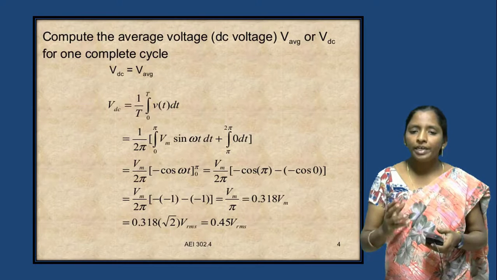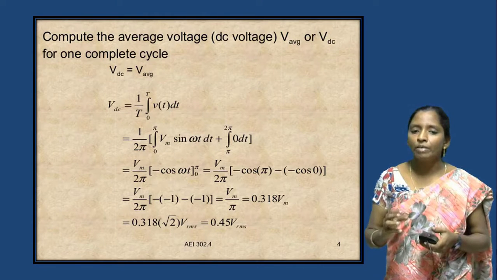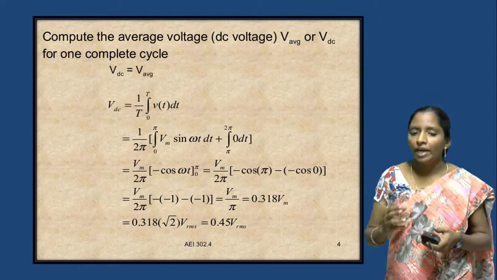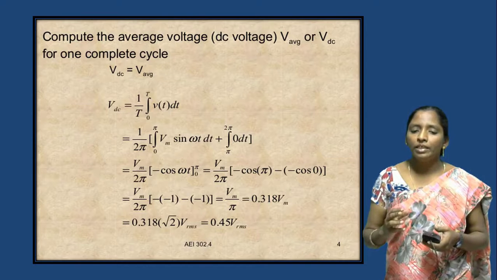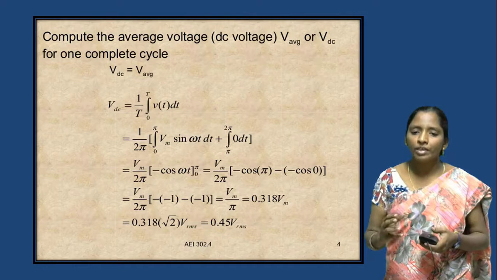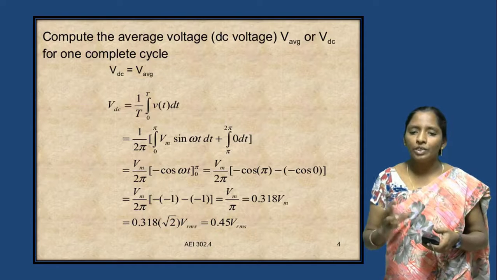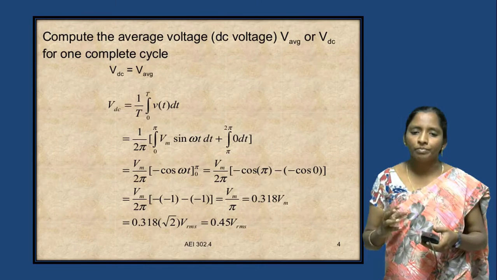The integration of sin omega t is minus cos omega t. Here we can write omega t as theta. Now substitute theta with 0 and pi. If you substitute the theta value pi, you get minus cos pi, which is plus 1, and for 0 you get minus 1, because cos 0 and cos 360 are the same.